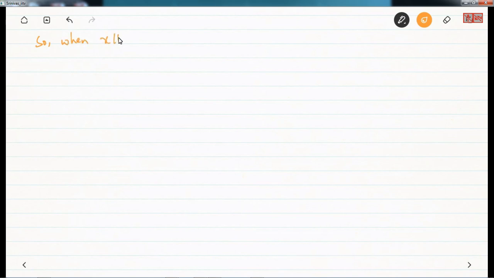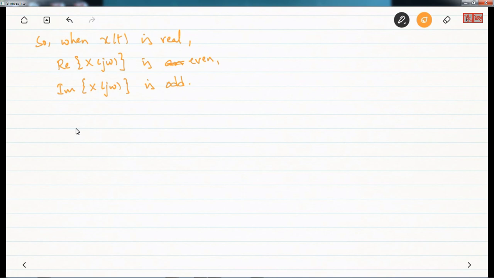So when x of t is real, the real part of its Fourier transform is even, and the imaginary part is odd, right?